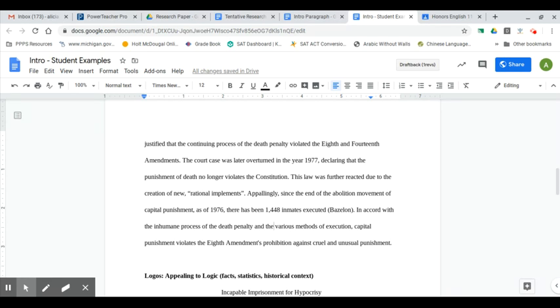And we end with her thesis, her argument that essentially the death penalty is inhumane and it goes against cruel and unusual punishment. So that's one way to set up an intro.